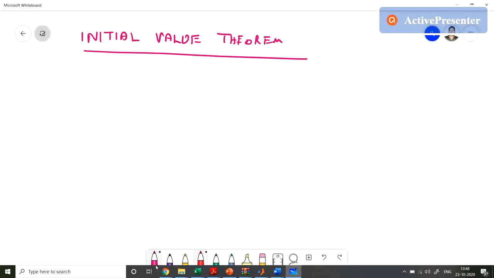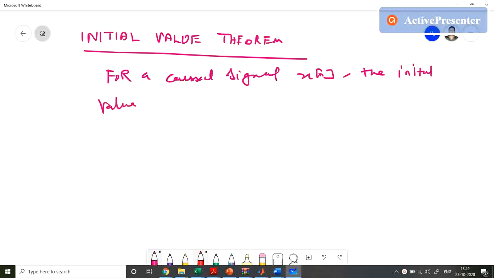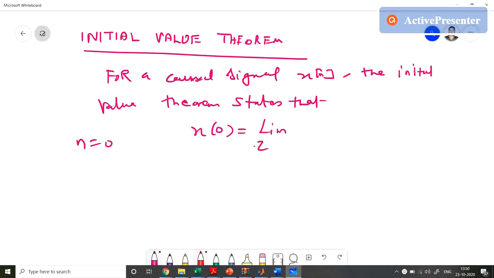According to this property, for a causal signal x[n], the initial value theorem states that x[0], that is the initial value at n equals 0, is equal to the limit as z tends to infinity of X(z).